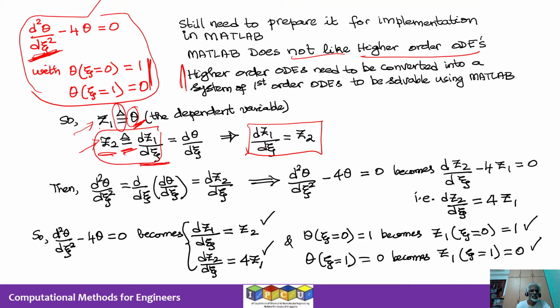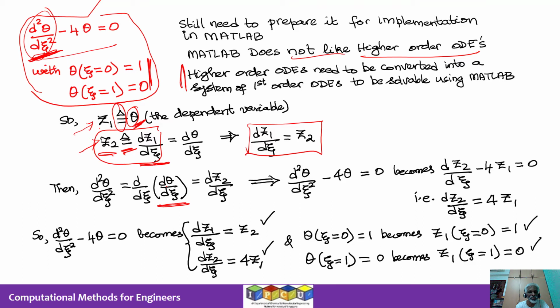Now let's go to the original equation: d2 theta by d psi squared minus 4 theta is equal to 0. We don't like this second order derivative. We like it, but MATLAB doesn't accept it. So we have to do something to it. Please note that d2 theta by d psi squared is nothing but d by d psi of d theta by d psi.